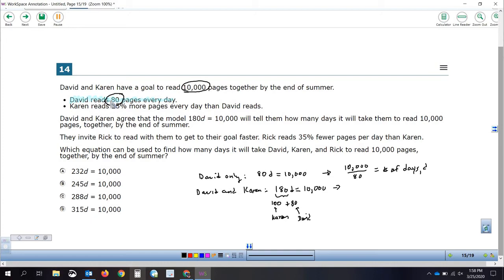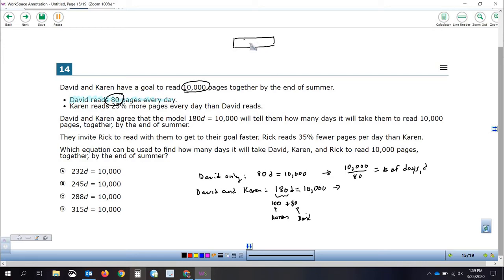They told us that David reads 80 pages per day, but Karen reads 25% more pages every day than David reads. So I'm going to go ahead and make a diagram here.